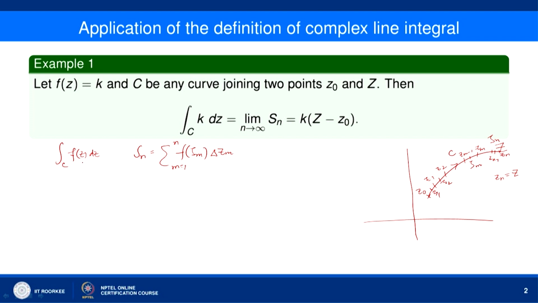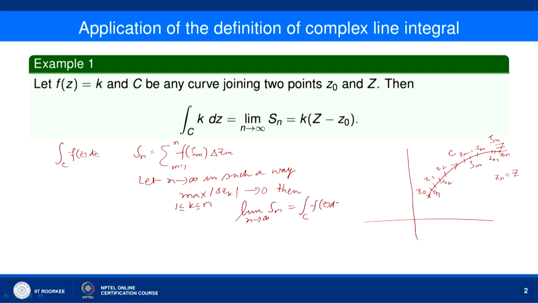Then we had said that let n go to infinity in such a way that the maximum of the mod of delta z k, for 1 less than or equal to k less than or equal to n, tends to 0. Then the limit as n tends to infinity of S n is equal to the integral over C of f(z) dz.